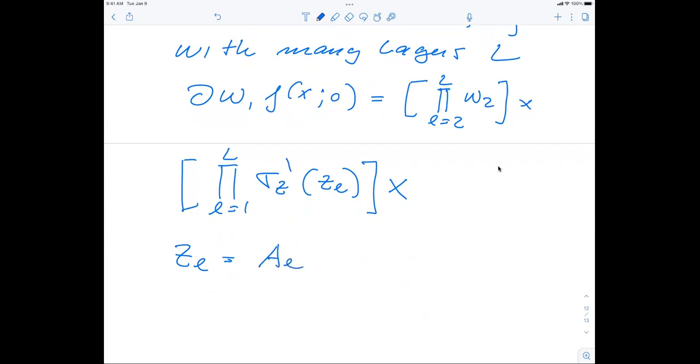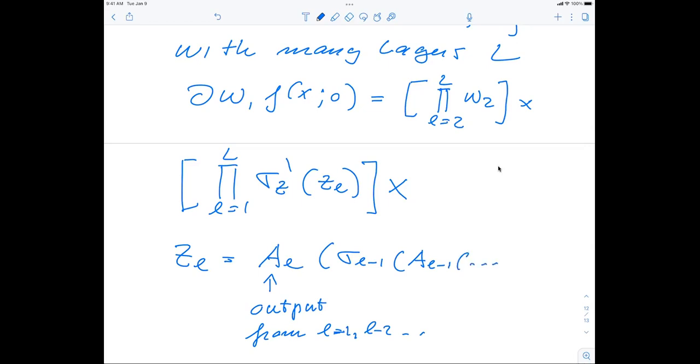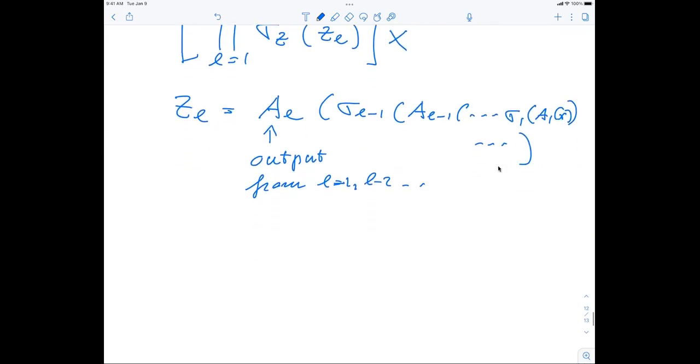It's actually the output from the previous layers, from L minus 1, L minus 2, etc. And this is going to have a sigma L minus 1, and this has an A L minus 1, and this has again all the way down to sigma 1 of A1 of X, and then the end of all these parentheses.